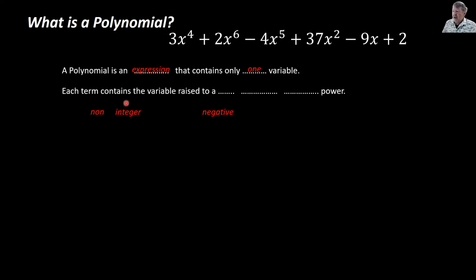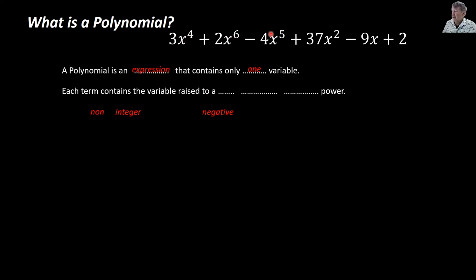Okay, next line. Each term contains the variable raised to a something, something, something power. Okay, well, let's look at the powers first. That's a 4, that's a 6, that's a 5, that's a 2. That's the same as having a 1 just here. So they're all integers, aren't they? And hang on a second, they're non-negative, aren't they?